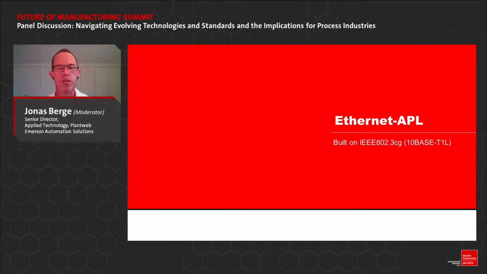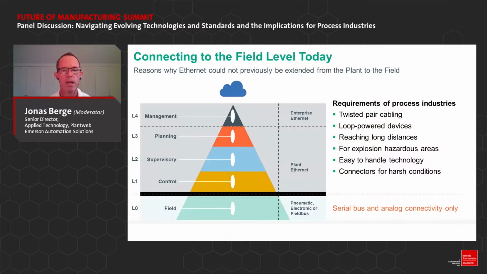So another key technology is Ethernet APL. Plants today use Ethernet around the ERP, in the office, and even the plant historian, DCS, and controllers all use Ethernet. However, all of the instrumentation in the field still uses analog 4 to 20 milliamp and on-off signals, and in some cases, maybe some form of fieldbus.